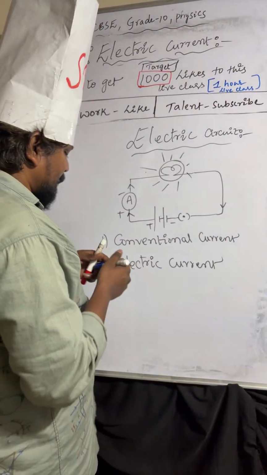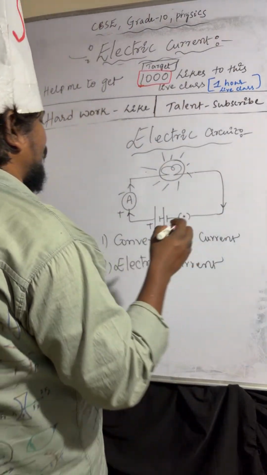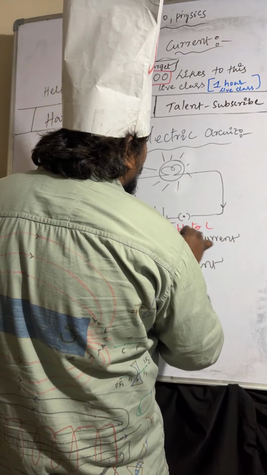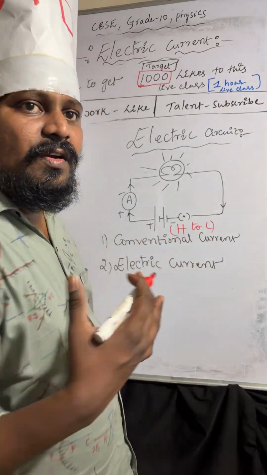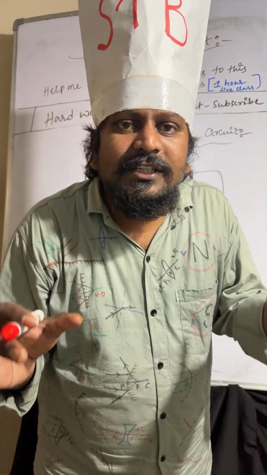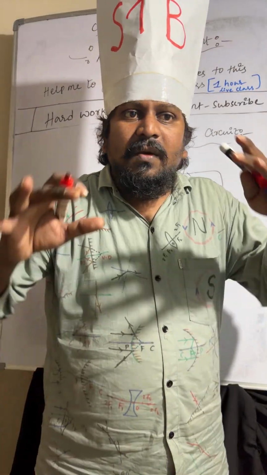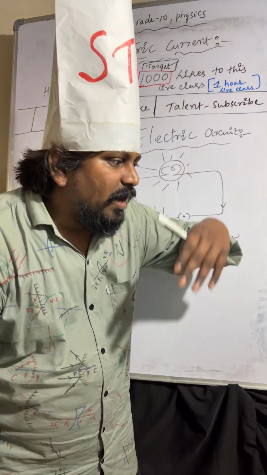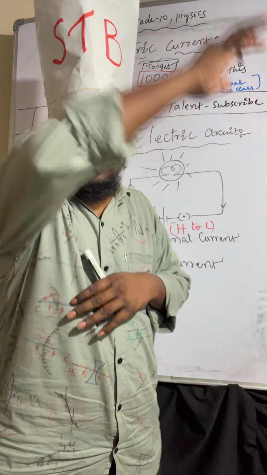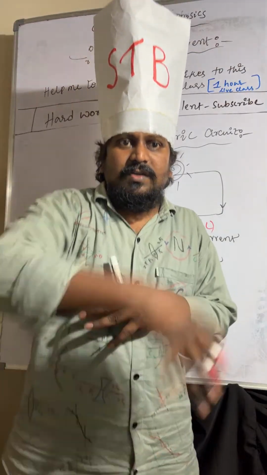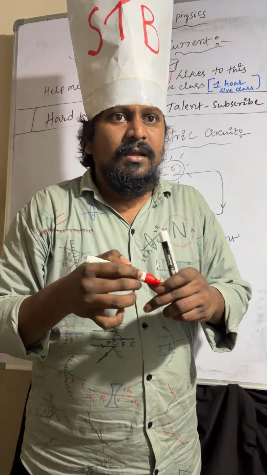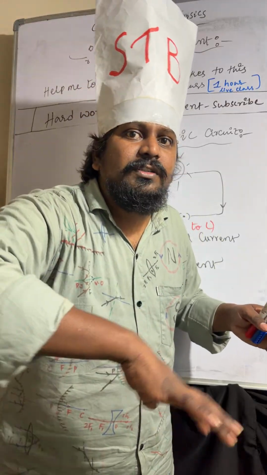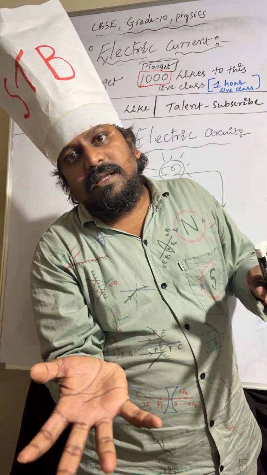So here you can observe conventional current, from high potential to low potential. Positive charges are moving from the positive terminal to the negative terminal.